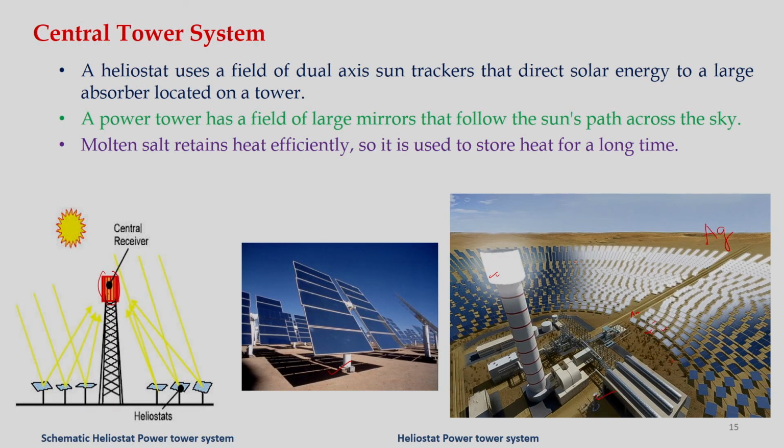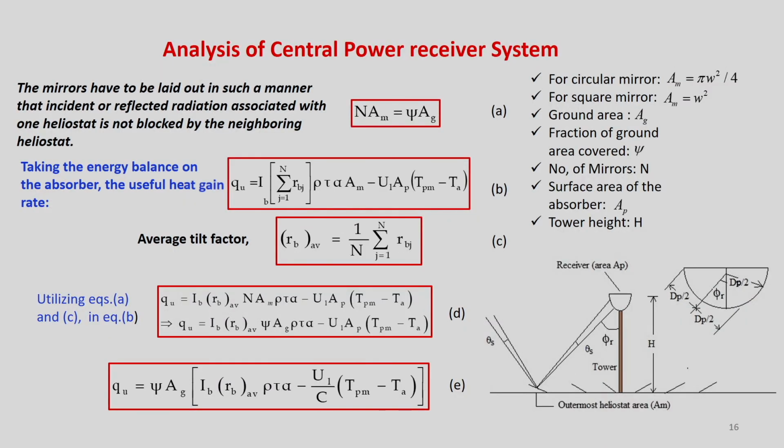And if the gap we maintain is also measured, then we can incorporate the gap factor xi, and then we can write this expression, okay? This N into Am is equal to xi into Ag. What is N? N is the number of mirrors, Am is the area of a single mirror, Ag is the ground area, and this xi is the fraction of ground area which is covered by the heliostats, right.